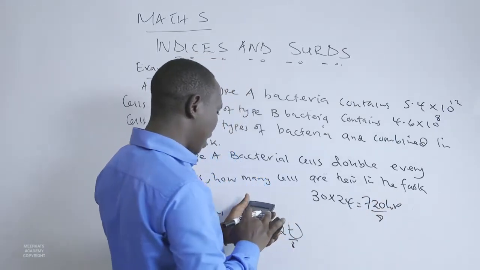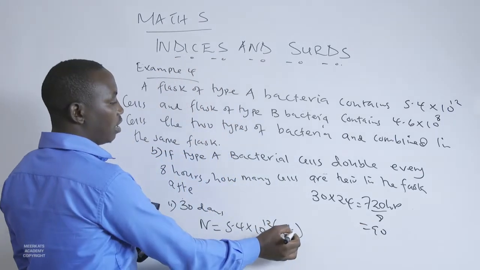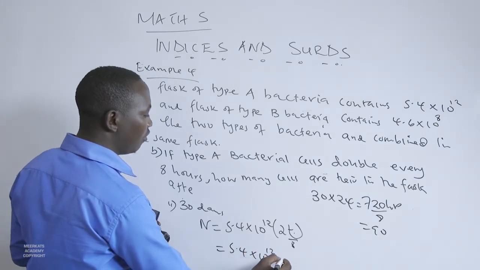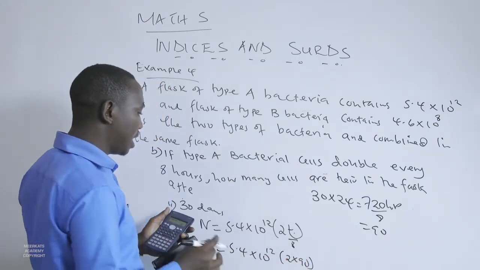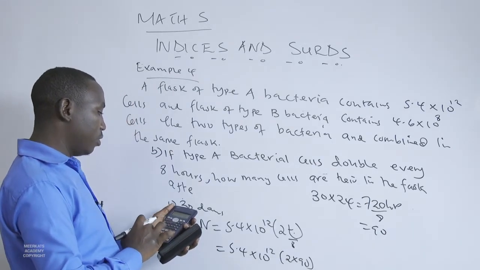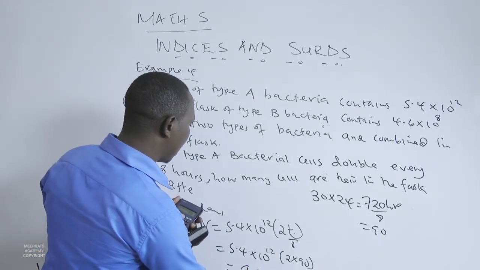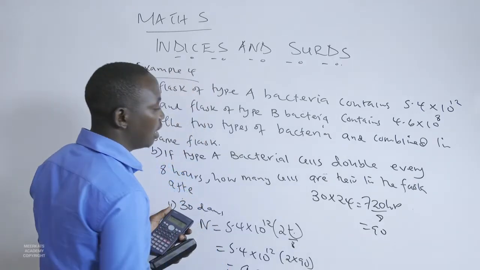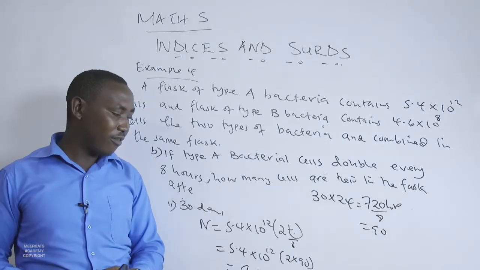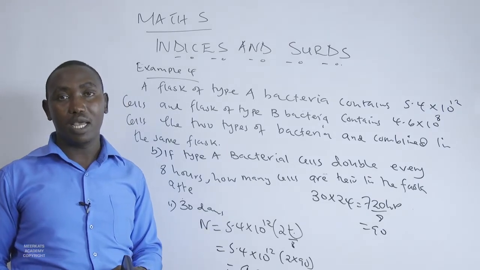Split this over the 8 hours, it's going to double 90 times. So t will be 90. So this will be 5.4 times 10 raised to 12 multiplied by 2 to the power 90. That will give us 9.72 times 10 raised to 14 cells. So after 1 month, which is 30 days, we are going to have a total of 9.72 times 10 raised to 14 cells.